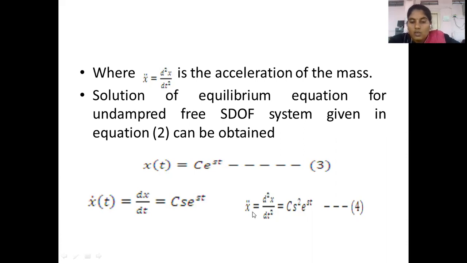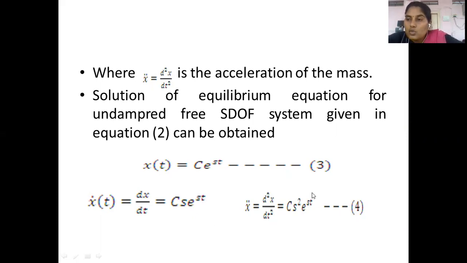So x double dot, d2x by dt square, is c into s square, that is s into s. Why? The c into s into e raised to st has s from the first derivative. Again, if we take the second derivative of e raised to st, s will come again. c and s are both constants, t is the variable. So c into s square into e raised to st is the second derivative of x of t.